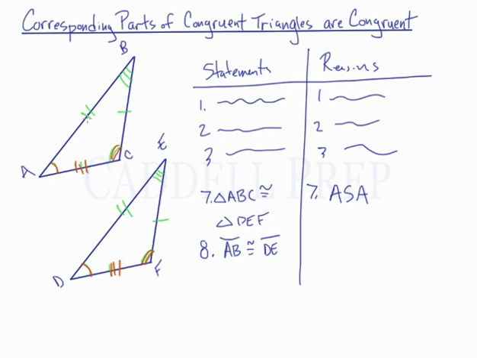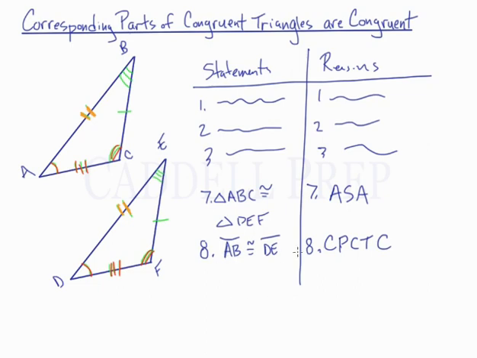So AB congruent to DE, and our reason is simply corresponding parts of congruent triangles are congruent.